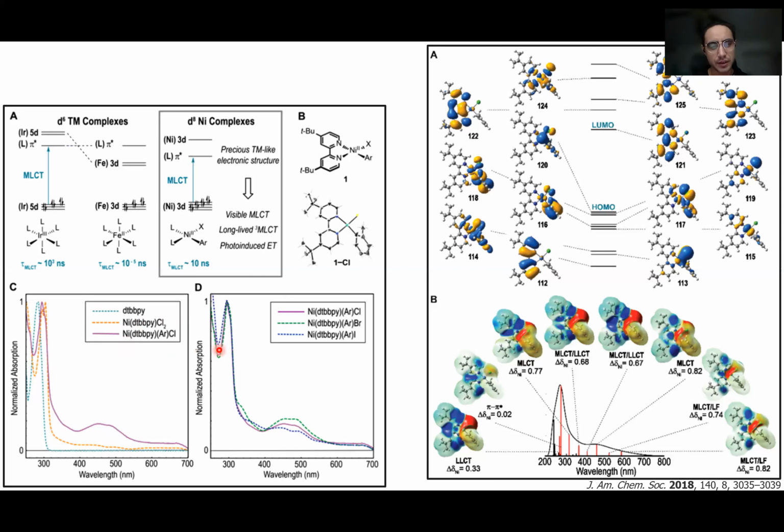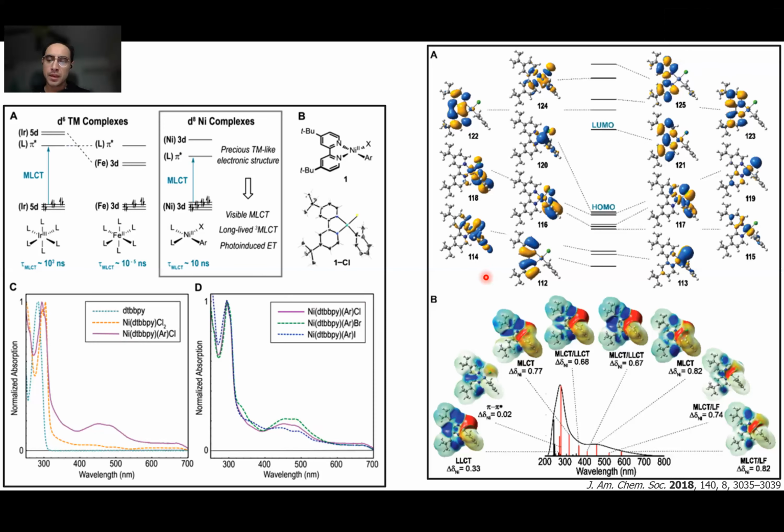Then here they showed that there is a relative difference when you substitute the halide. But I'll move my face over here. Over here they've done some DFT calculations on the absorption spectra, and they've calculated all of these different computational transitions.